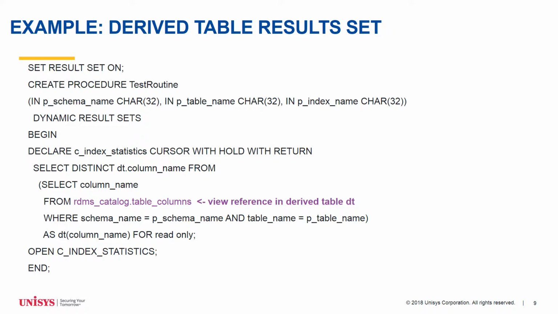Being able to reference the catalog views in a derived table is particularly useful when you must group or perform some type of aggregation on the results, and the view definition contains a group by clause or some type of aggregation. RDMS only supports nested grouping functions through derived tables.